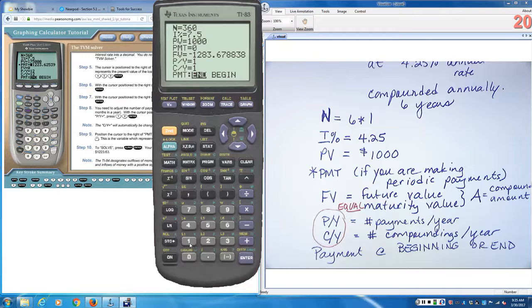And the present value is $175,000. I want to know what I'm ultimately going to pay for the house. The 175 plus the interest. What am I ultimately going to pay for the house? So I'm going to put my cursor on future value, not payment, and press alpha, enter.